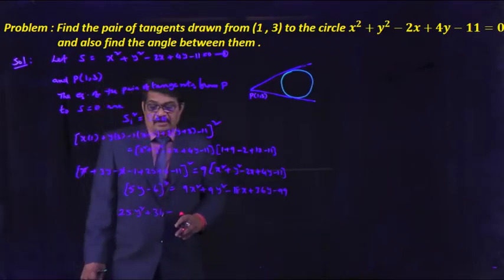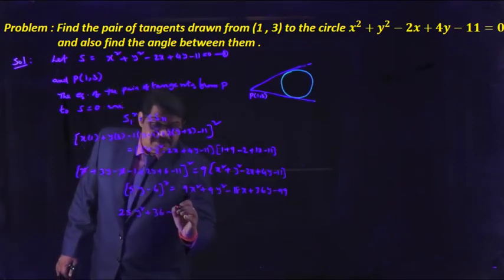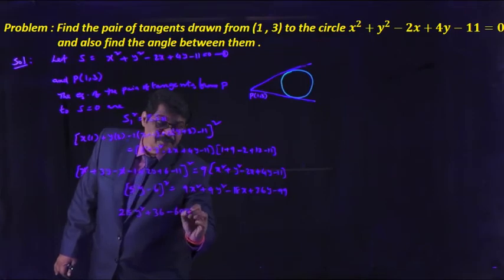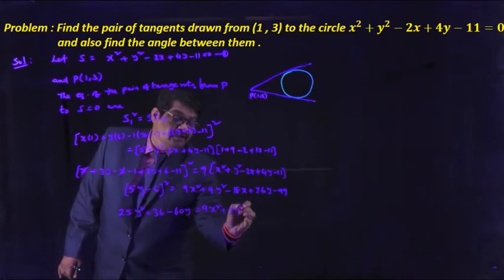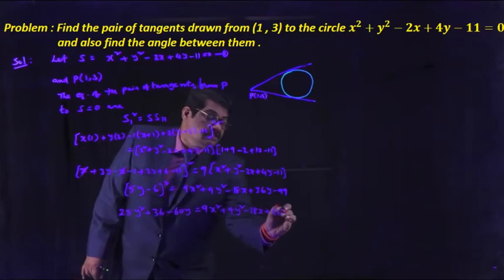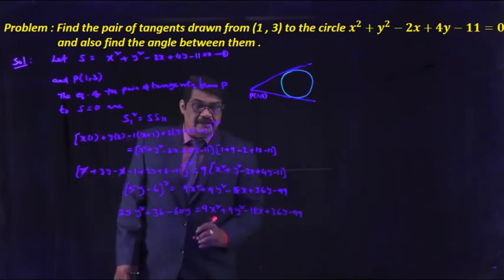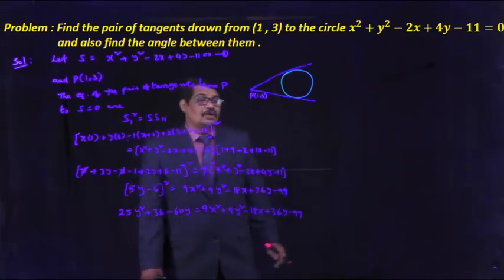Next the 2ab term, that is 2 into 5 is 10, 10 into 6, that is 60y, is equal to, okay, 9x square plus 9y square minus 18x plus 36y minus 99.